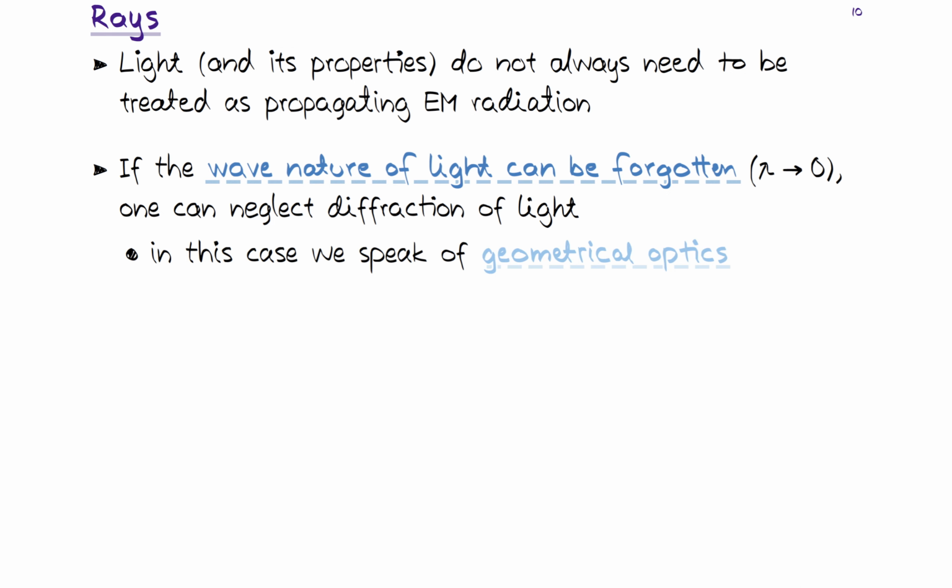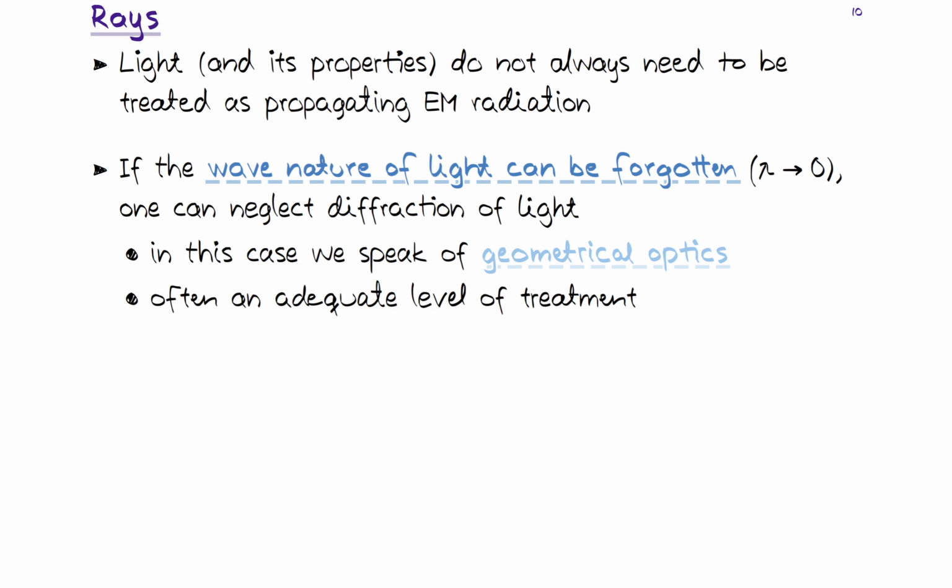In this case, we can most of the time speak of geometrical optics, and this really helps the treatment of propagation of light. We can just draw rays, straight lines that propagate through our system, through media, and that gives us an adequate description.